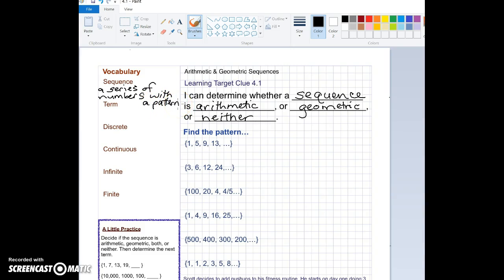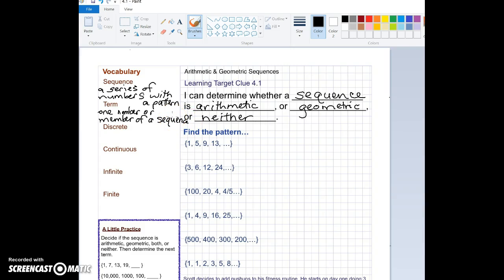All right? So a sequence is just a series of numbers with a pattern that we can identify. Term is one number or member of a sequence.